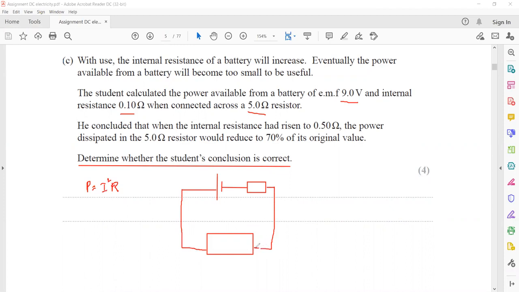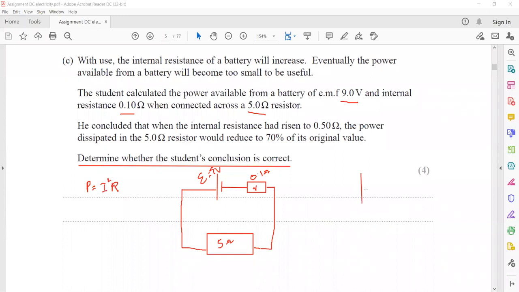So for example, we have a 5 ohm resistor, and 0.1 ohm in the beginning is the internal resistance, and the EMF is equal to 9 V. Then what happened?